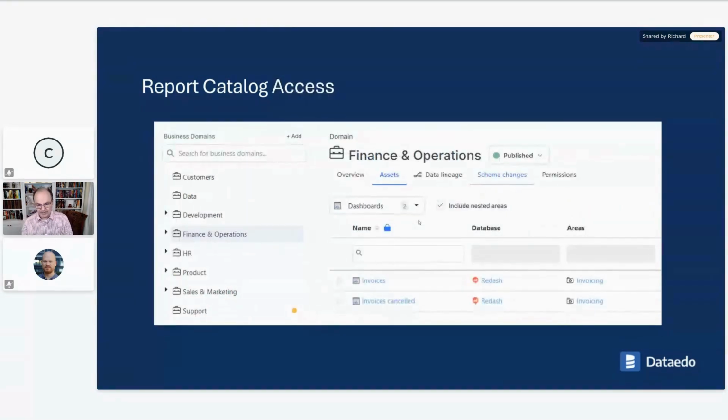As far as the permission-based access, what has happened here is we have created a business domain for finance and operations, and we've linked to that these reports that are pertinent to that team or that department. This enables them to very quickly, very easily access the reports that are pertinent to them.